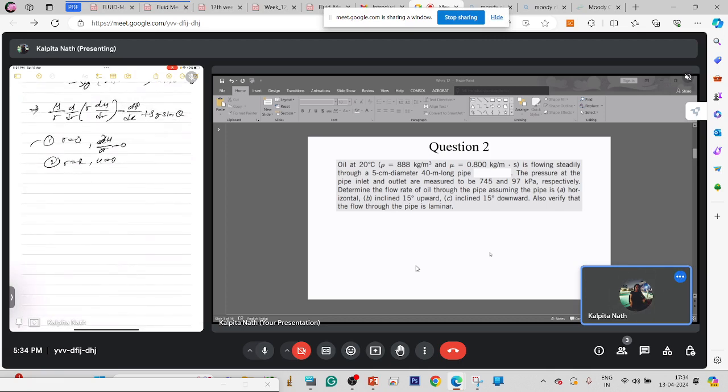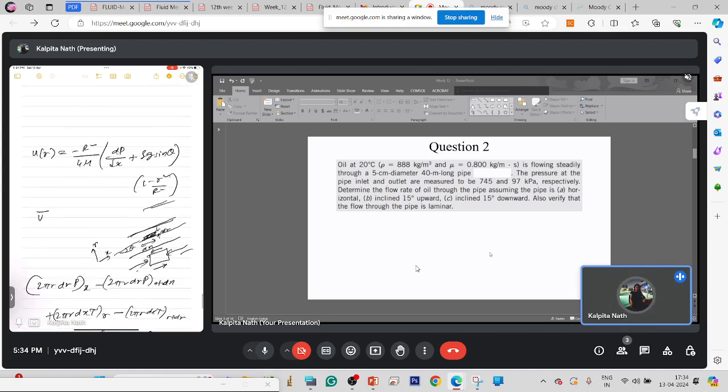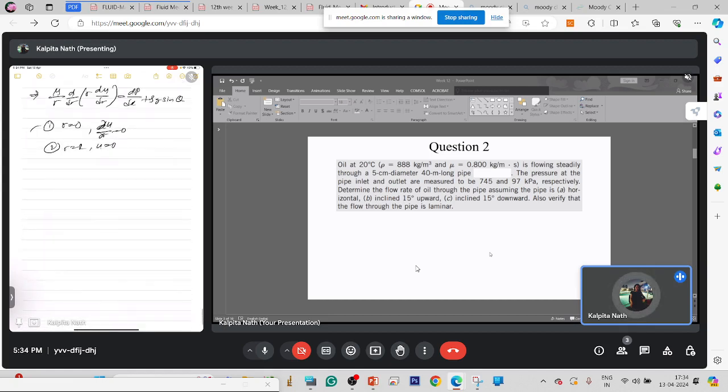Then if you solve it, you will find the velocity expression. The average velocity is the integral from 0 to R of u(r) 2 pi r dr upon pi R squared.